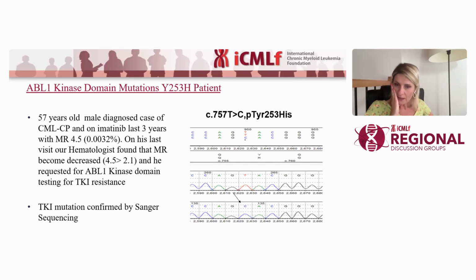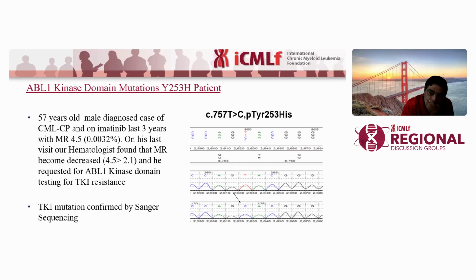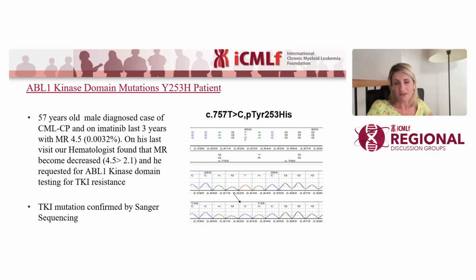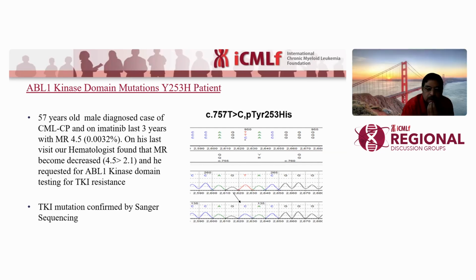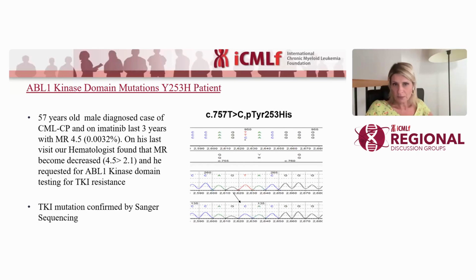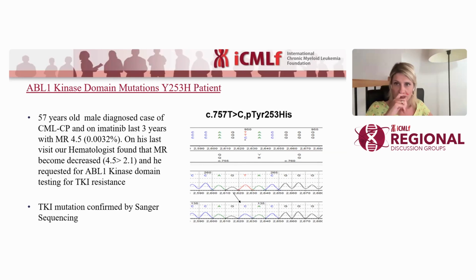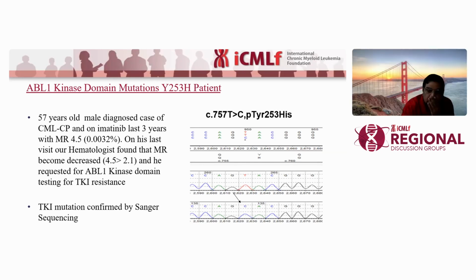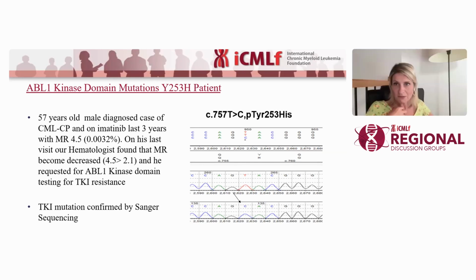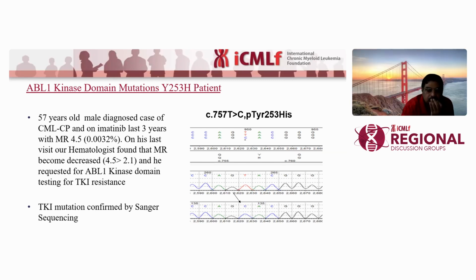I would also like to underline that in the recommendations, acknowledging the many limitations in routine implementation of NGS for BCR-ABL kinase domain mutation testing, not only in low and middle income countries but even in our countries, we have several limitations.